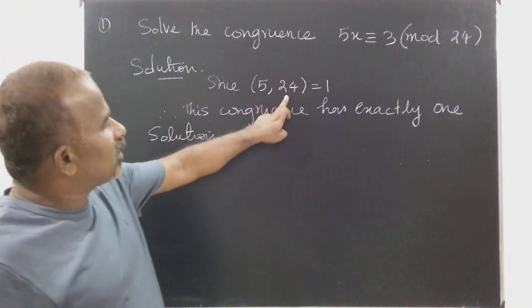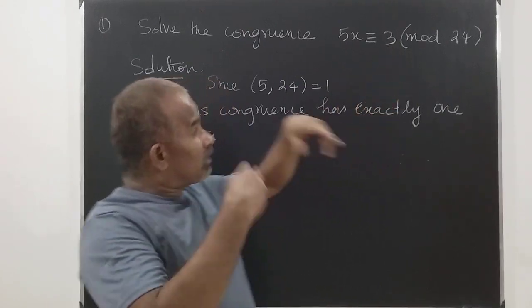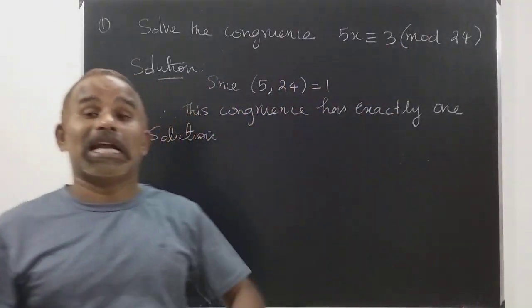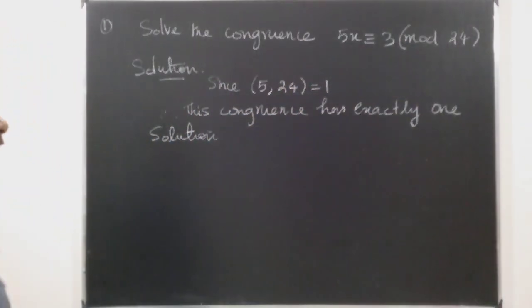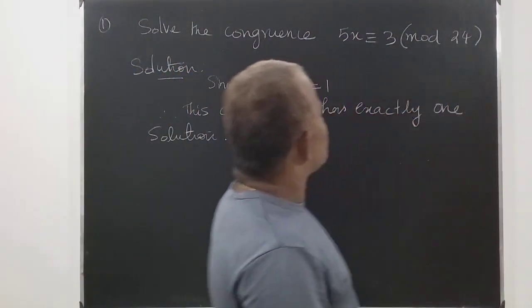Suppose this greatest common divisor is equal to d and d also divides b. Then the congruence has d number of solutions. We know that. Now we have to solve this.